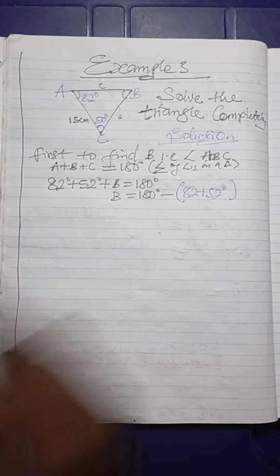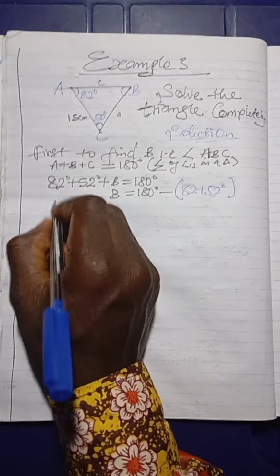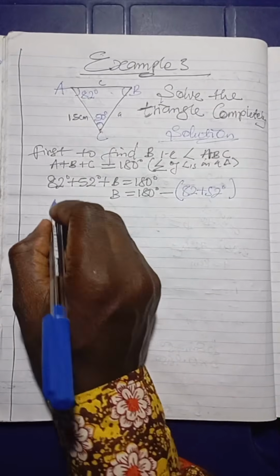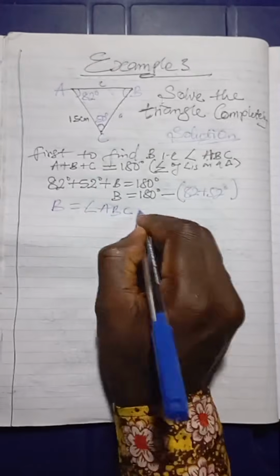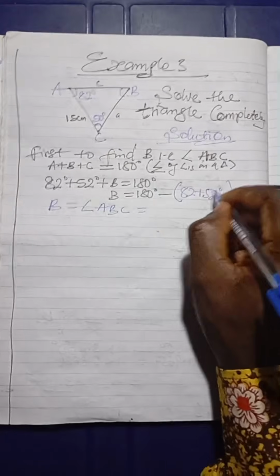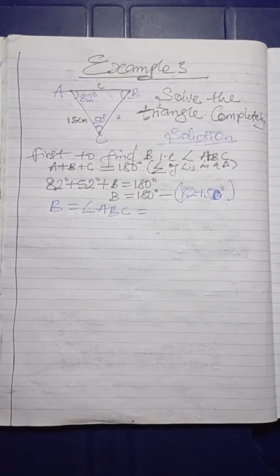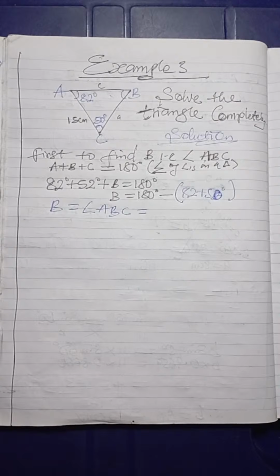All right, so B, remember I said this B is also angle ABC. It will give you 180 degrees minus 50 plus 82.